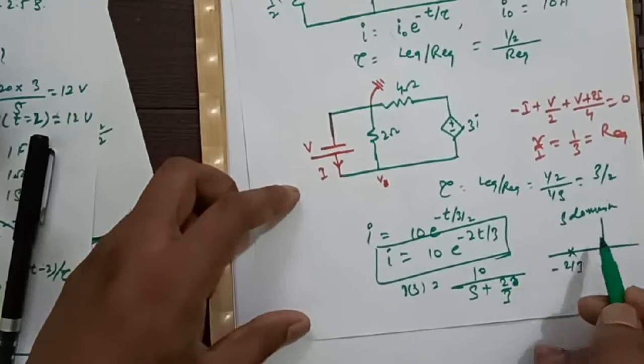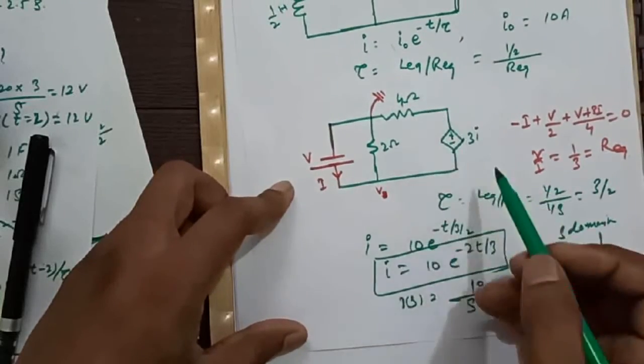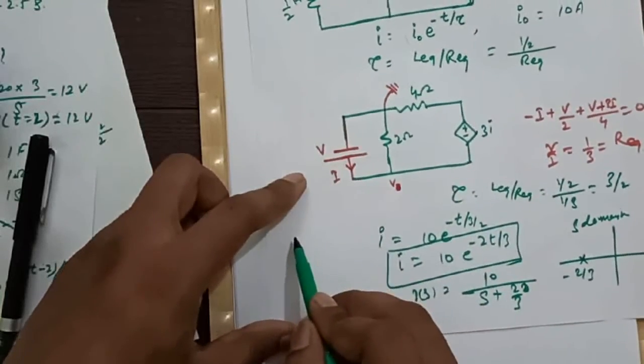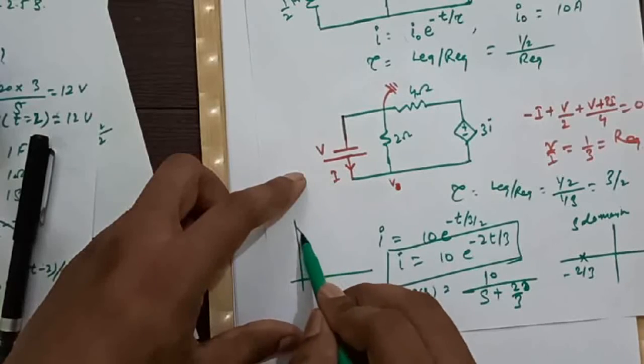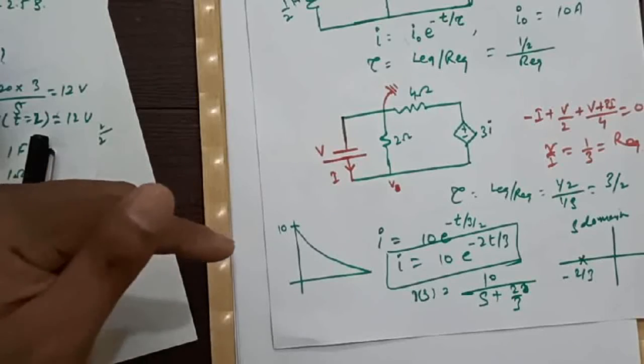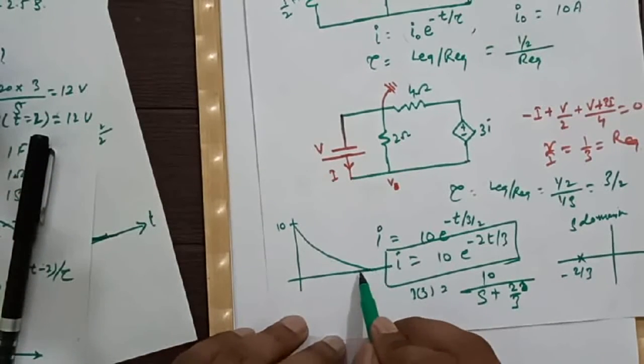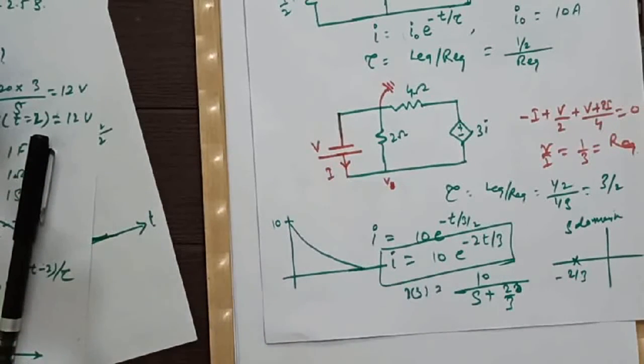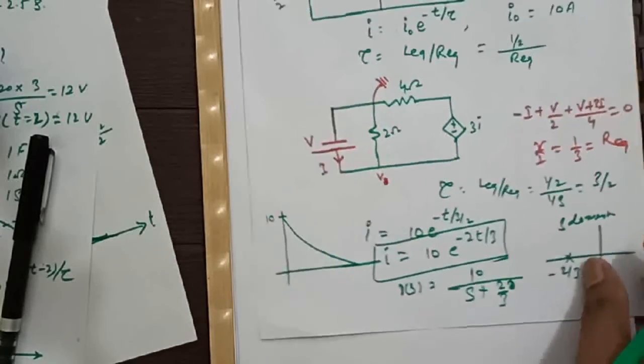And in the other case, this is the bounded system. The current expression you can see here is exponentially decaying with an initial current of 10 ampere, ending at time t equal to infinity.